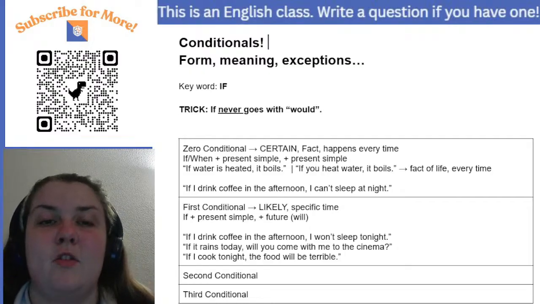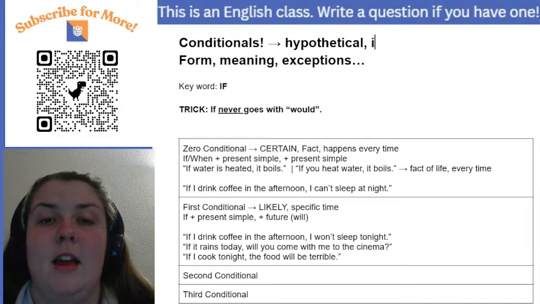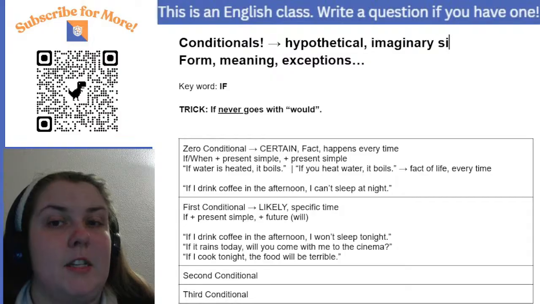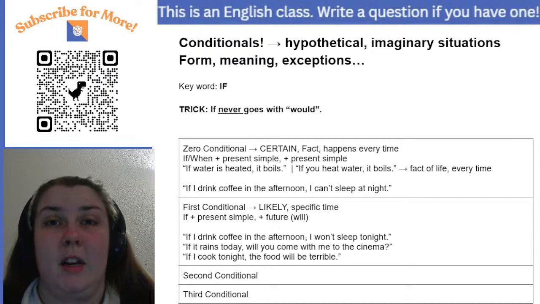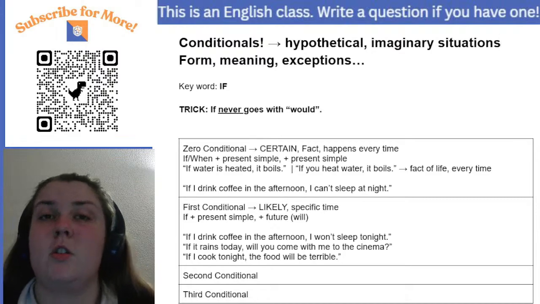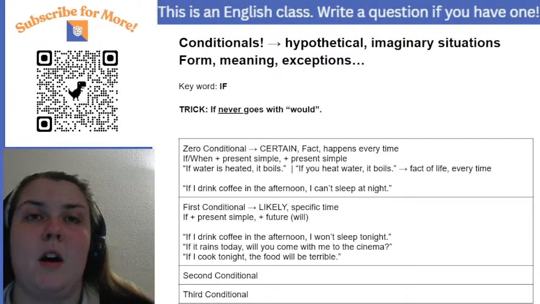You have to remember that the whole point of conditionals is to talk about hypothetical, imaginary situations. So if we are talking about a condition and we're talking about the possibilities or results of that condition, then that's going to come in the second part of the sentence.